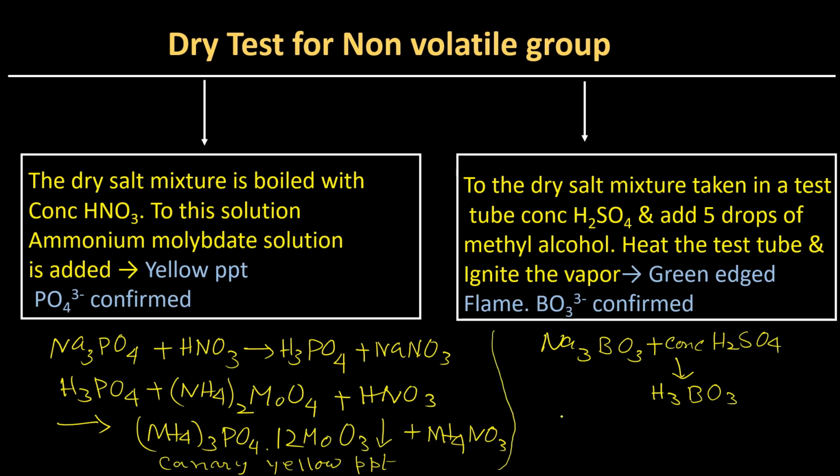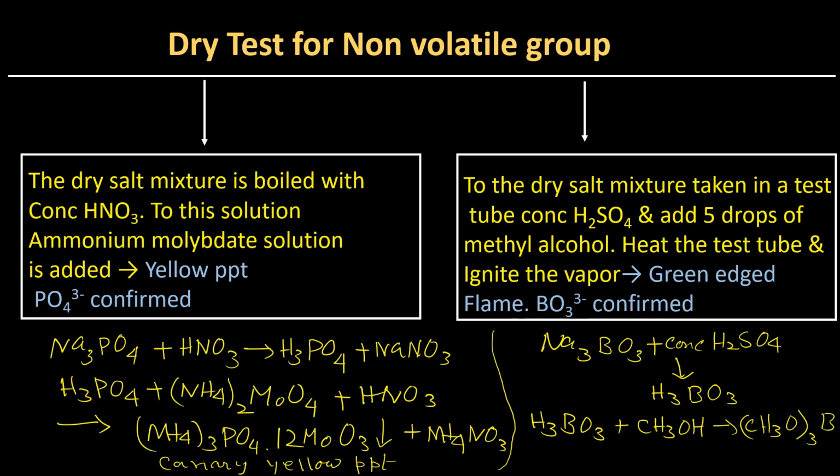Now this boric acid, with methyl alcohol, forms an ester. Boric acid plus methanol gives trimethyl borate, the ester B(OCH3)3.